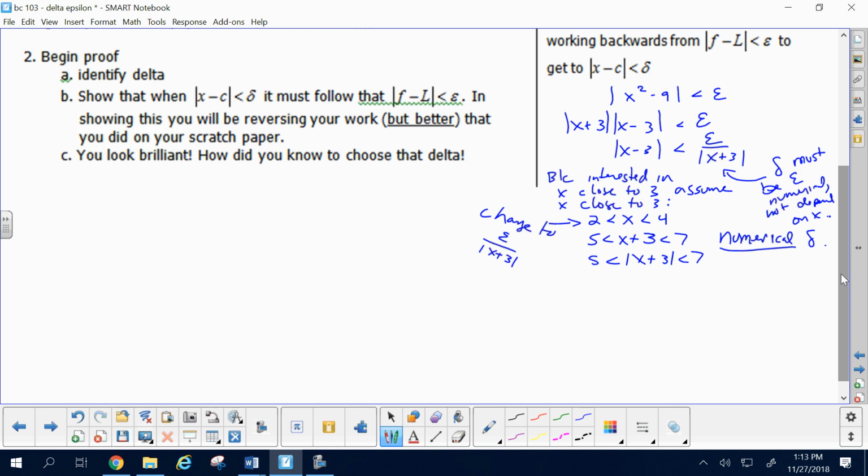When you take positive numbers and switch them to their reciprocals, the inequalities switch directions. That is an accepted fact of math. It's positive, so taking reciprocals switches the inequalities.